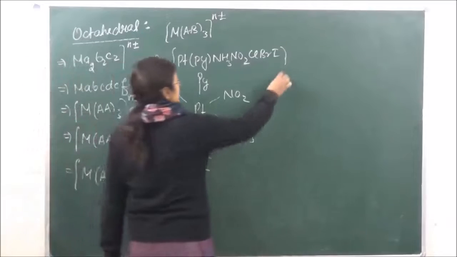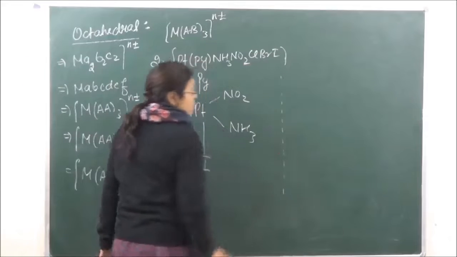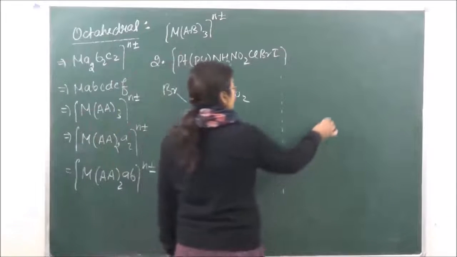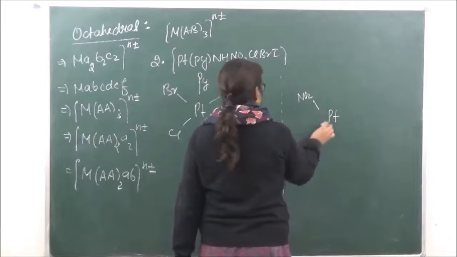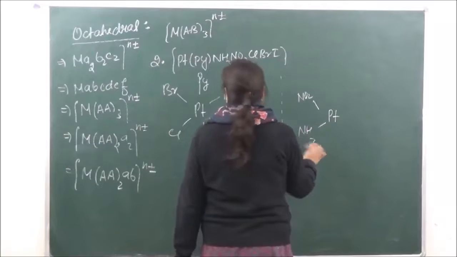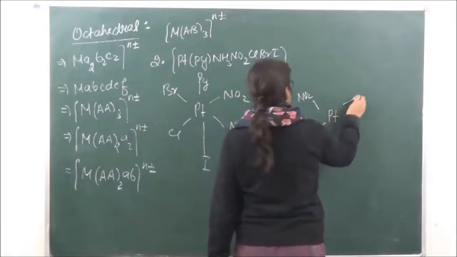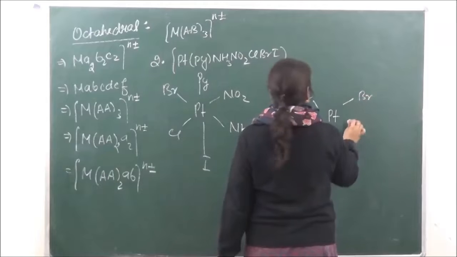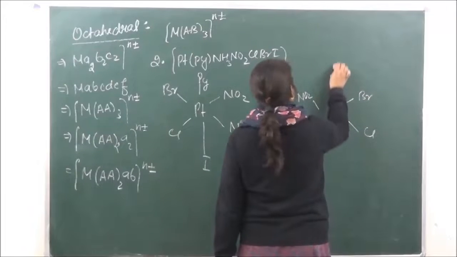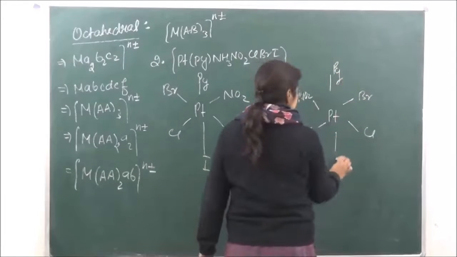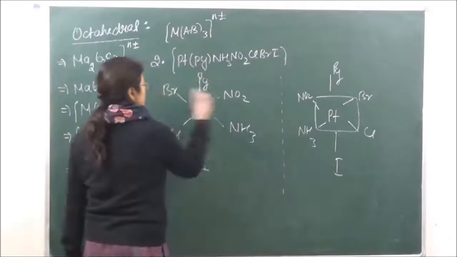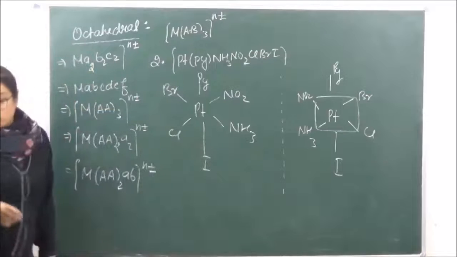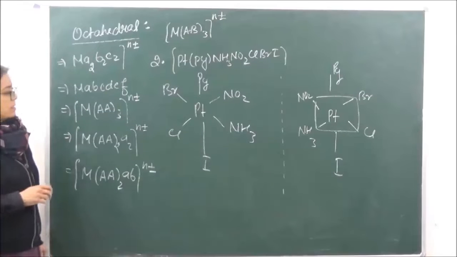Now if we draw the mirror image of this, we will have platinum, NO2, NH3, Br, Cl, pyridine and iodine. So again, if you superimpose, these are going to be non-superimposable mirror images.